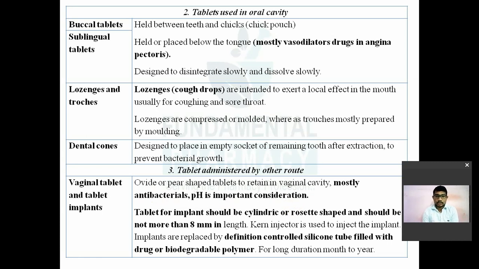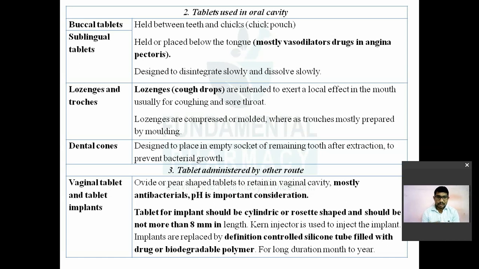So these vaginal tablets are mostly antibacterial in nature to prevent microbial growth in that cavity. The pH is an important consideration here, because the tablet should have a pH near the pH of vaginal secretion. अगर pH इधर उधर होगा तो वहाँ पे irritation हो जाएगा. So that's why pH is an important consideration.